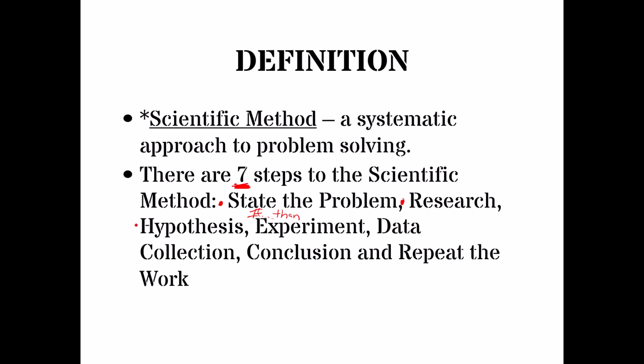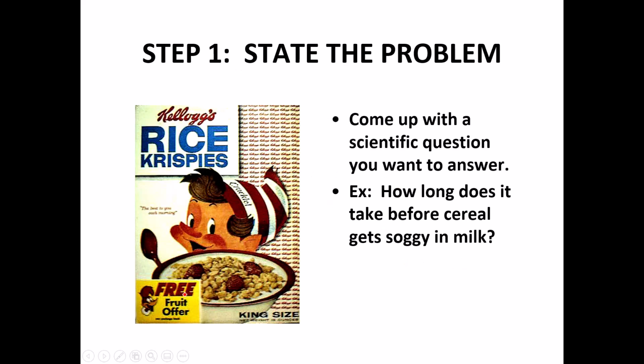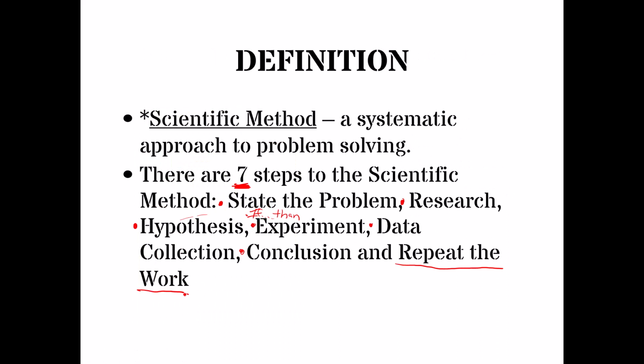So number 2, we're going to do the research. You're going to have your hypothesis, which is, like I said, kind of your if-then statement. Your experiment, the data collection, your conclusion, and then one that you may or may not have been acquainted with yet is repeat the work. Just because I do it once and it works doesn't mean that necessarily it's going to work again.